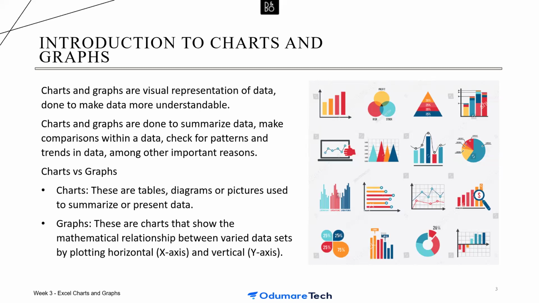So chart and graph basically are visual representation of data. They are usually done to make the analysis that has been performed more understandable, more clear, and also in simple form. They are done to summarize data generally, and you can compare them with what has been done before and after, and also use it to present.